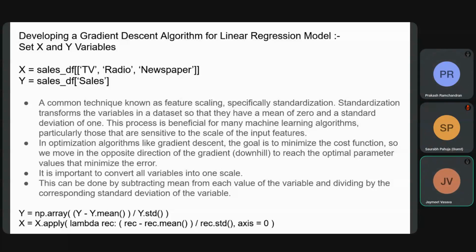Basically, we are standardizing the values for X and Y both. So you are taking one standard deviation as the measure: the sample value minus the mean, divided by the standard deviation.